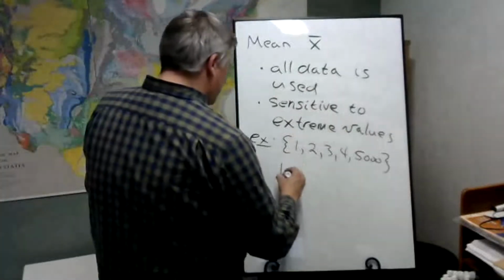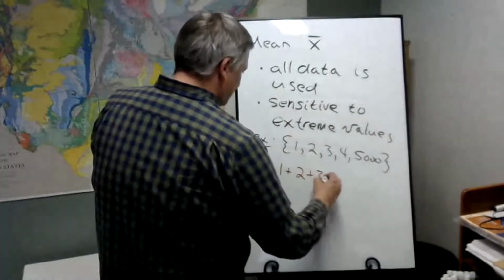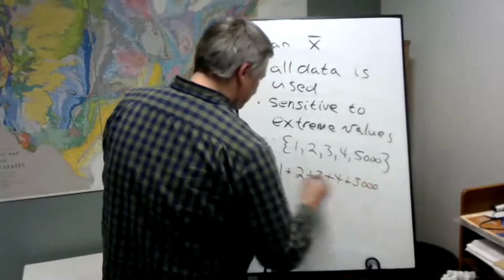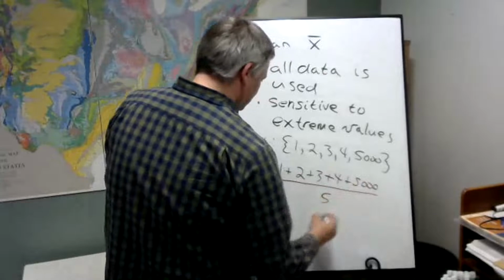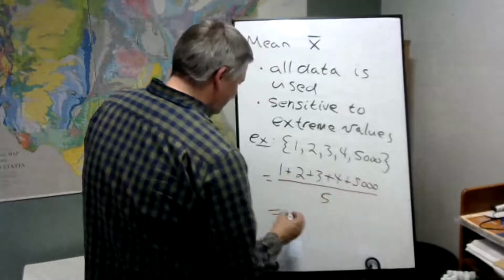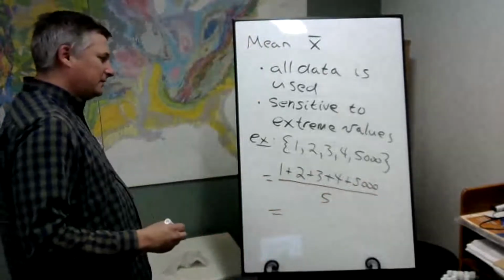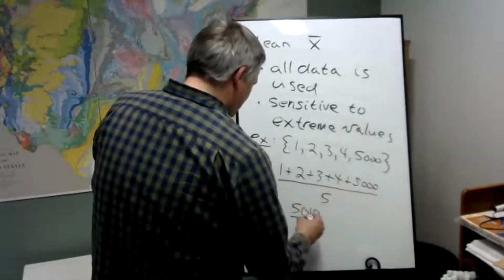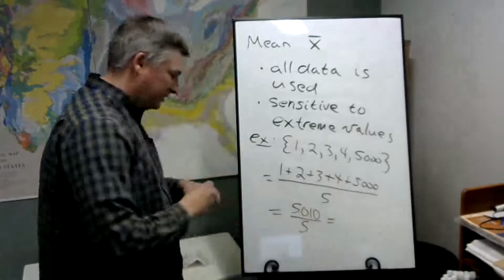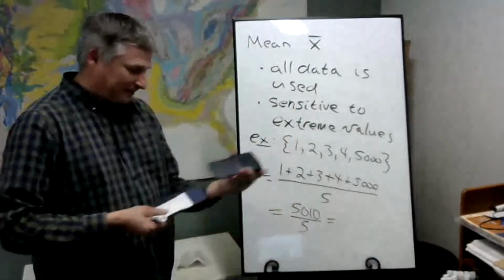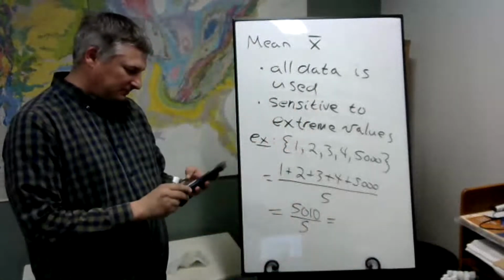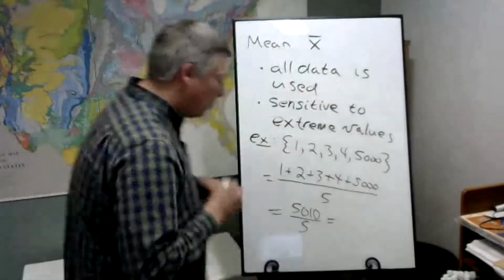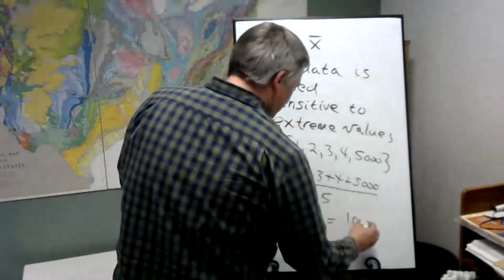But if we compute the average, or the mean, 5,010 over 5 comes out to 1,002.